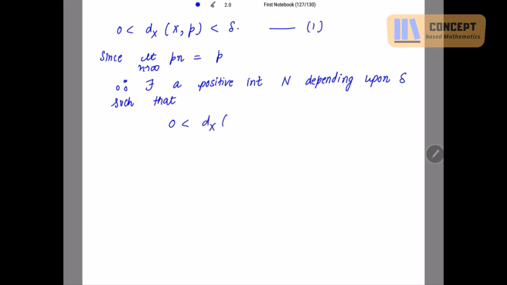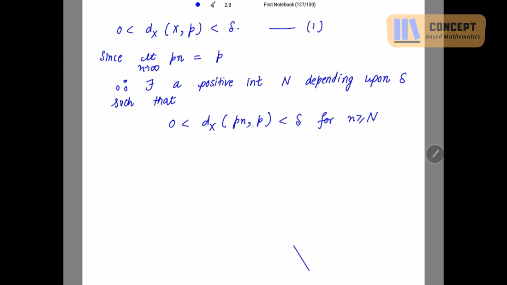distance in X. Now p_n is a sequence in X, right? So p_n with p, this distance is less than delta for n greater than or equal to N, right? Okay. Why I'm taking this distance? Because p_n is not equal to p, it is given to us, right?